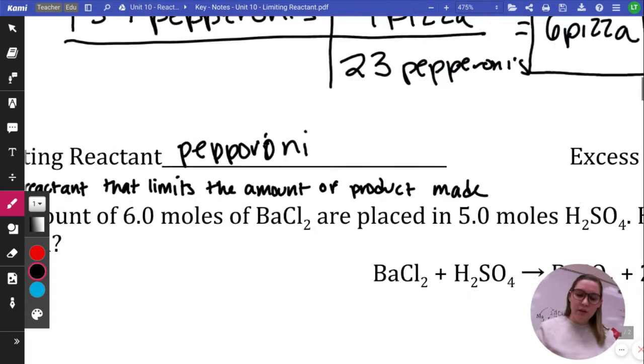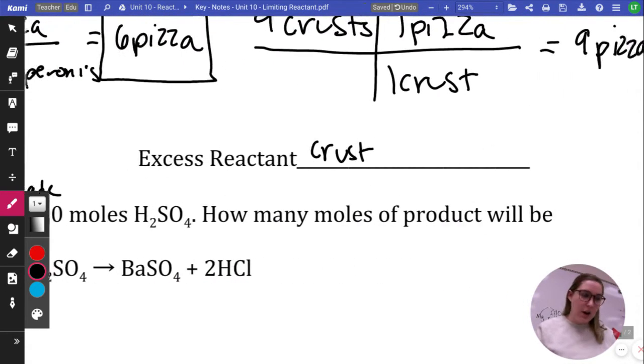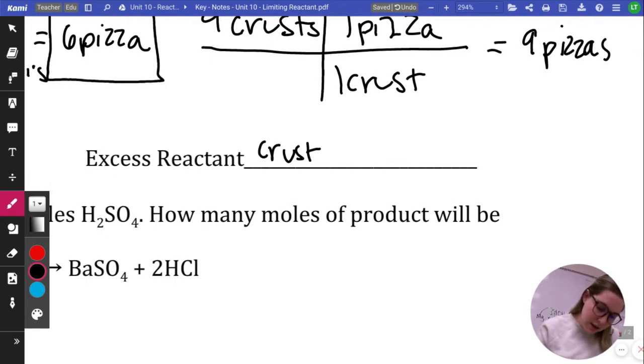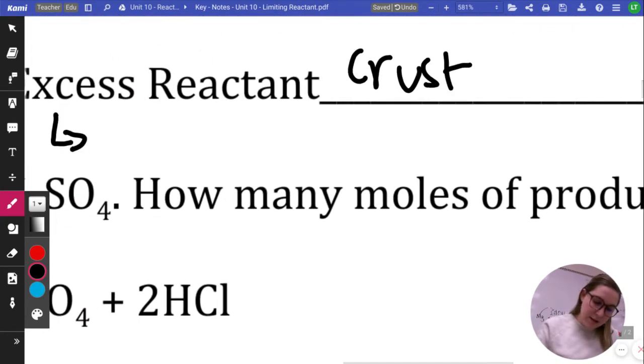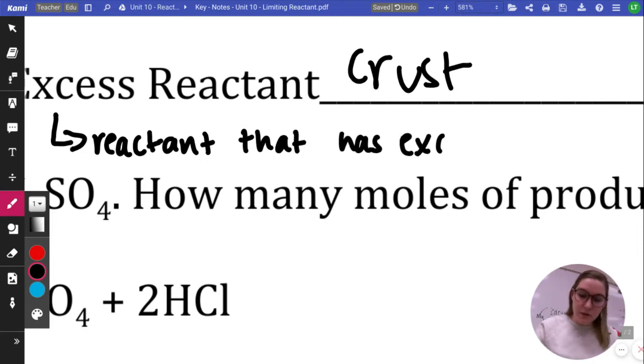So our limiting reactant is the reactant that limits the amount of product we can make. All right, and our excess reactant is the reactant that we have extra of, that has excess or some left over at the end.